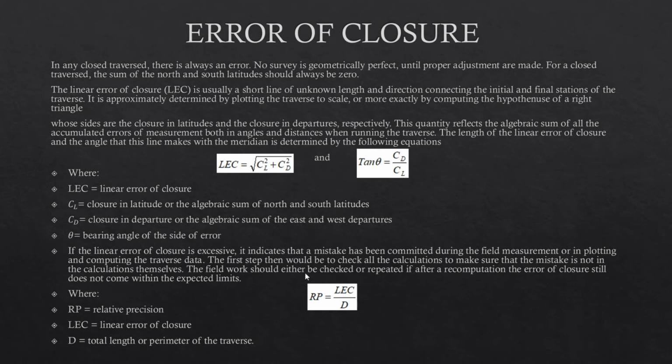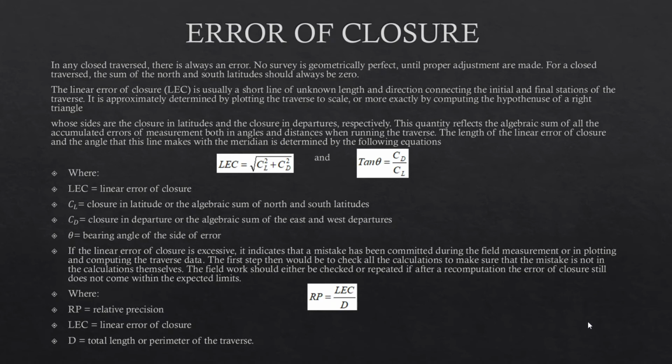So, the fieldwork should either be checked or repeated if after recomputation, the error of closure still does not come within the expected limits. So, kung sobrang laki pa rin siya nung na-recompute nyo na, ibig sabihin dun na talaga kayo nagkamali sa pagkuha ng data. So, ibig sabihin, kailangan nyo talaga ulit mag-survey. So, i-check nyo ulit yung survey nyo kasi mistake na nangyari, hindi na mismo error.